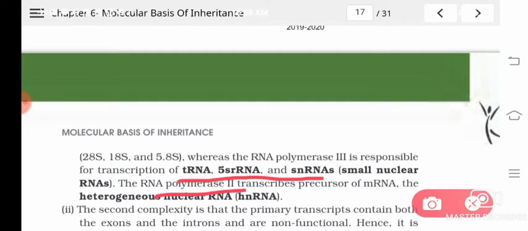Understood? So the difference between eukaryotes and prokaryotes is that in prokaryotes there is only 1 RNA polymerase for transcribing all the RNAs.